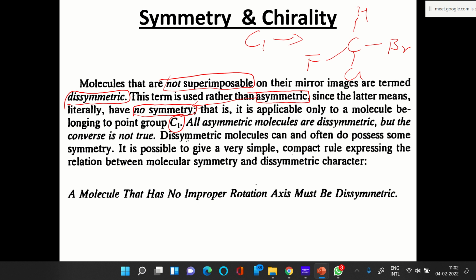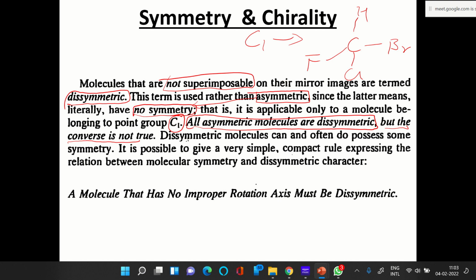Asymmetric means you do not have any symmetry elements. So all asymmetric molecules are dissymmetric, that is, they have non-superimposable mirror images. But the converse is not true, because in dissymmetric molecules, as in other cases we have pointed out, you do have some symmetry elements present, only the improper axis is not present.